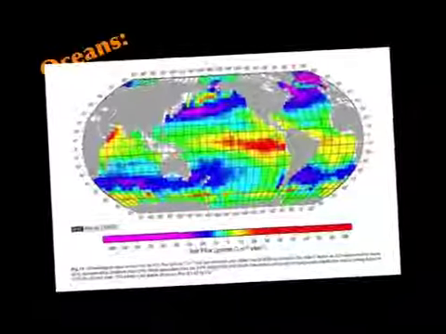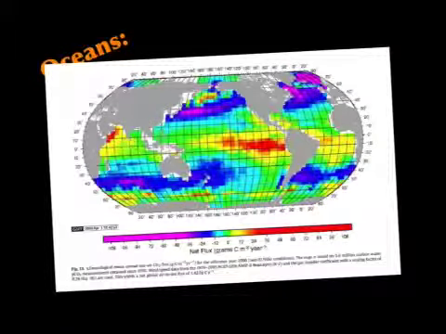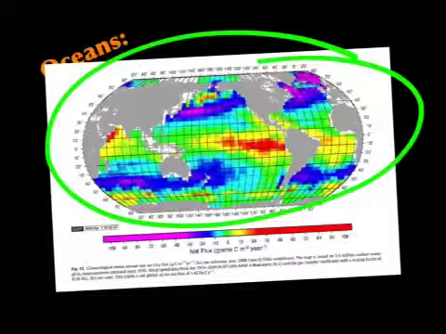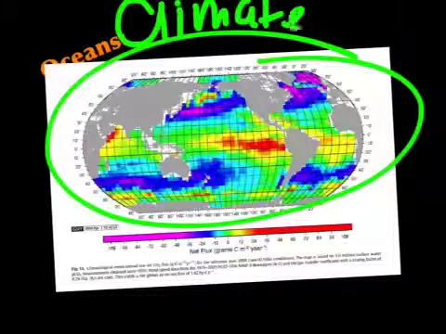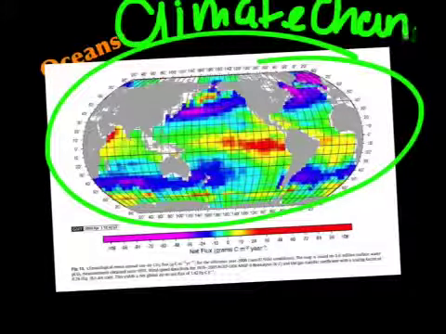What happens with the oceans here is that they also can change climate, but they have a weather pattern that happens, which can come also with the climate change on how that works.